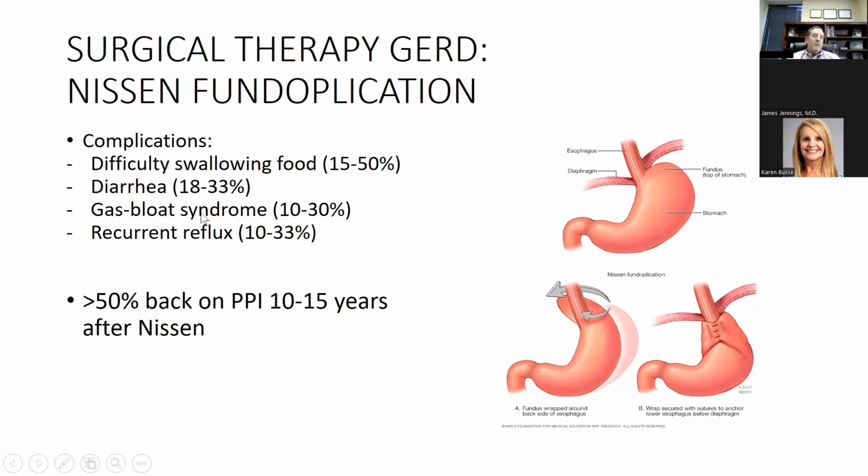And gas bloat syndrome is basically the stomach is wrapped so that patients will ingest air with their meal or drink and they cannot burp. And it creates an extremely uncomfortable sensation. And as time goes on, they get recurrent reflux as this area starts to loosen with age, etc. One study showed that over half of patients are back on PPIs 10 to 15 years after Nissen fundoplication.